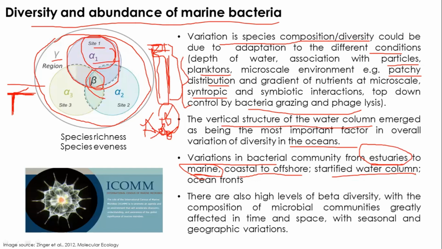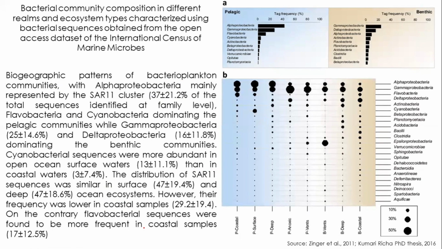In 2004, I guess, there was an International Census of Marine Microbes that was made in order to understand marine microbes of the open ocean or of the marine environment, right? So they have studied a lot about different alpha, beta, and gamma diversity of the marine bacteria, right? We will see some of the results.